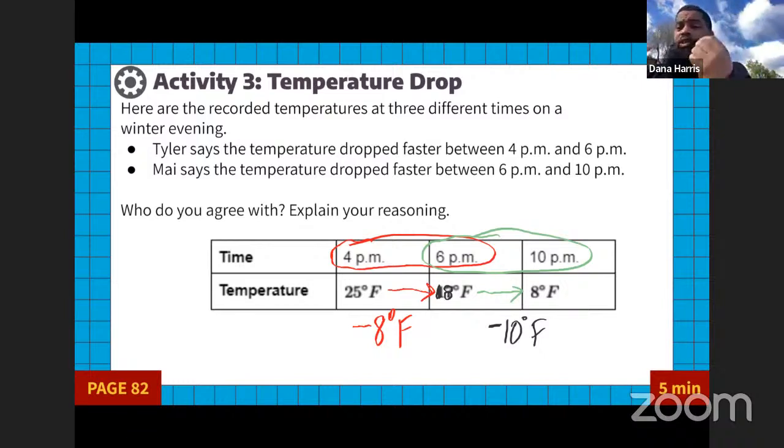So if you look at it just on surface level, you might say, well, I agree with May because she says that the temperature dropped faster between 6 p.m. and 10 p.m. Okay, so notice a couple different things. From 4 p.m. to 6 p.m., it's a 2-hour window. From 6 p.m. to 10 p.m., it's a 4-hour window.